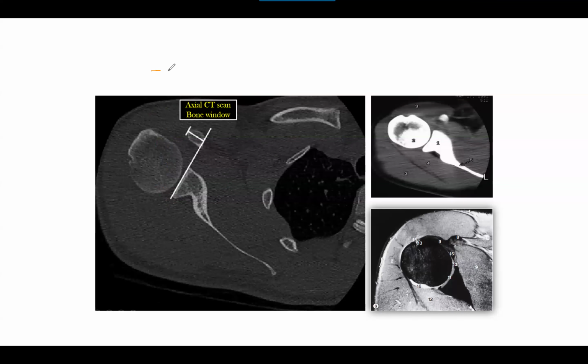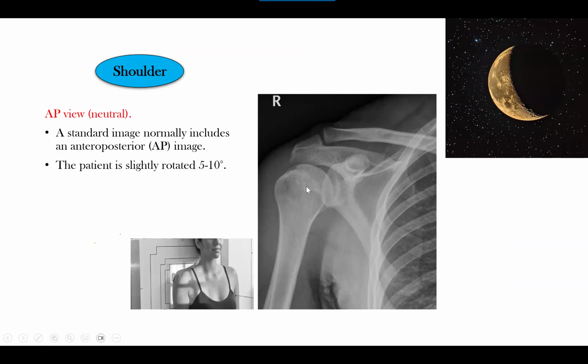Regarding radiography, usually we image the shoulder in the anteroposterior position. What do you mean? You will see some overlap between the humeral head and the glenoid fossa. This is the glenoid fossa. This is the first and most requested radiograph of the shoulder, the anteroposterior view.